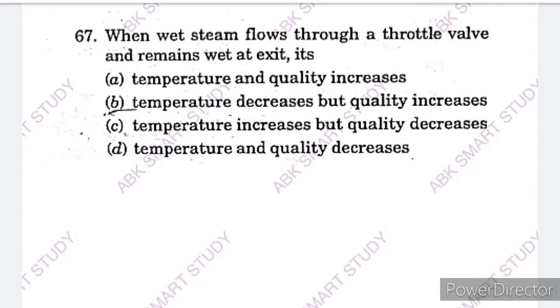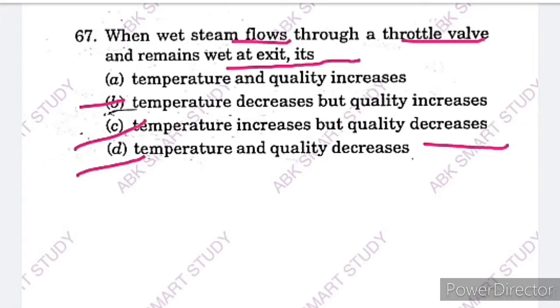When wet steam flows through a throttle valve and remains wet at exit, it is dash dash. Options are: A temperature and quality of steam increase, option B temperature decreases but quality increases, option C temperature increases but quality decreases, and option D temperature and quality decrease.